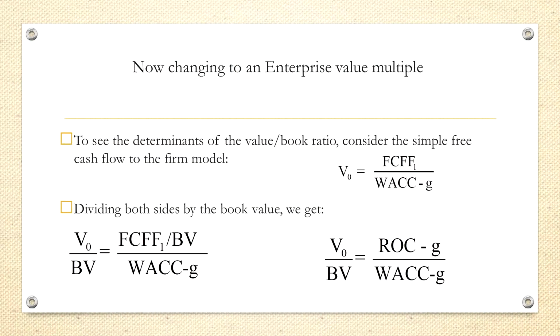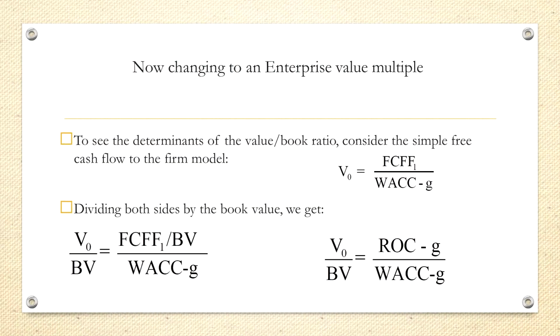And if we take the ratio of firm value versus its book value, then we can convert this equation into ROC minus G divided by WACC minus G. So this is another book value multiple, but based on firm value.